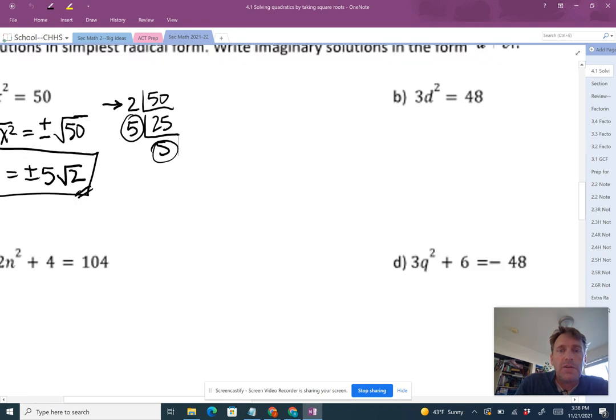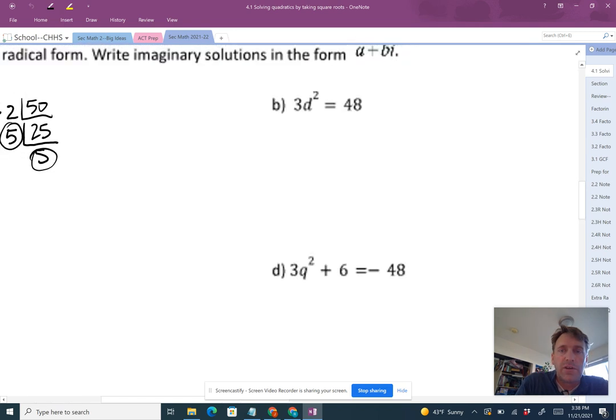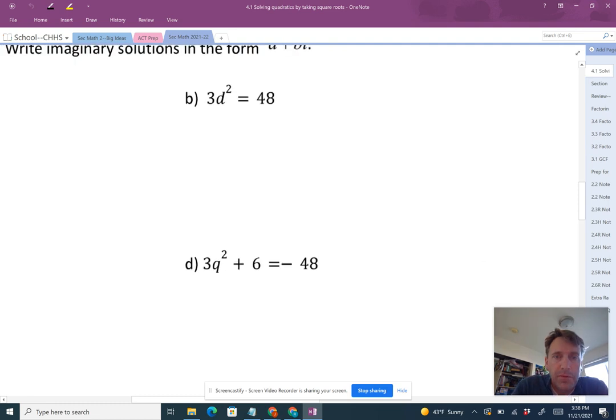Let's look at b. In b, we've got 3d squared is equal to 48. Before we take the square root, we want to isolate the part that is being squared. And so in this case, we're going to divide both sides by 3. Then we get d squared is equal to, and 48 divided by 3 is 16.